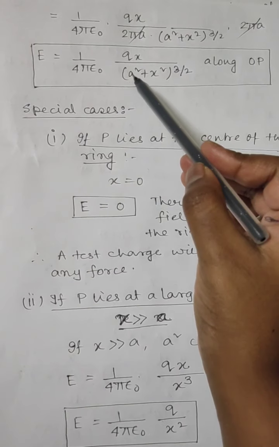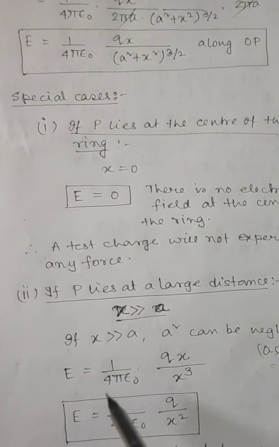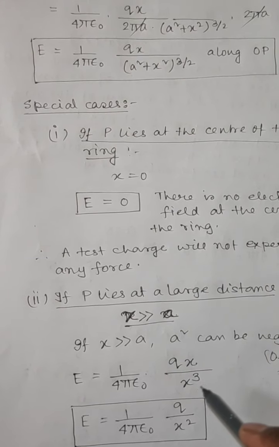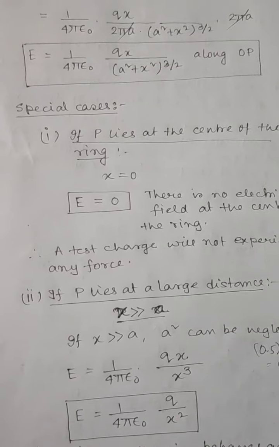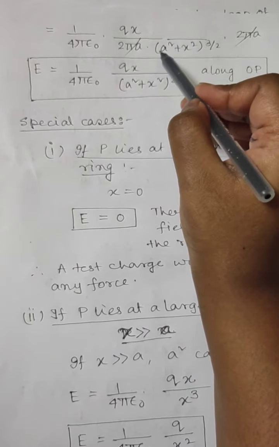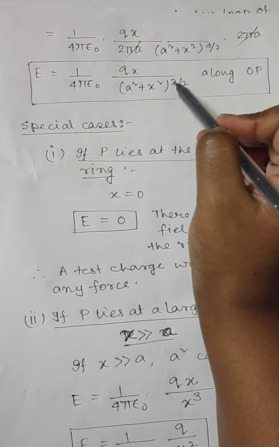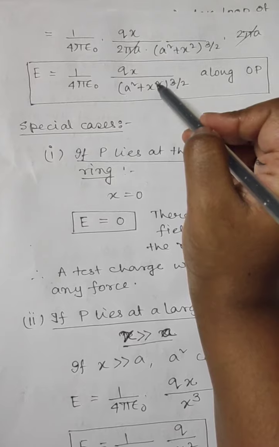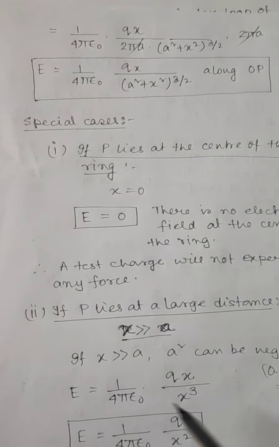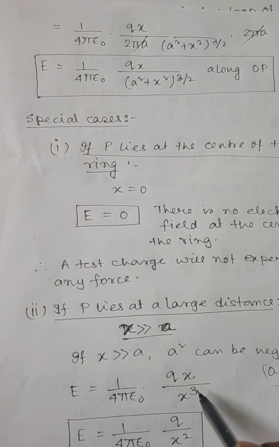So in this equation, if we neglect a square, then we are getting 1 by 4 pi epsilon naught qx by x cube. See, 1 by 4 pi epsilon naught qx by, we are neglecting this a square, so here we have x square to the power 3 by 2, the 2 gets cancelled again, then x cube. So here we have 1 x and here we have x cube.